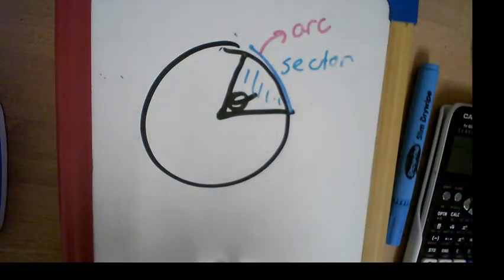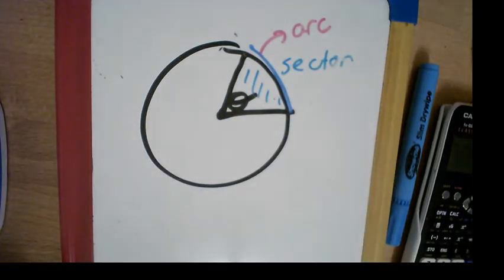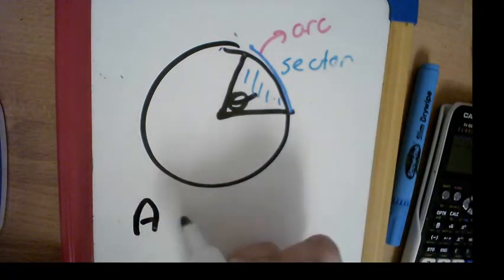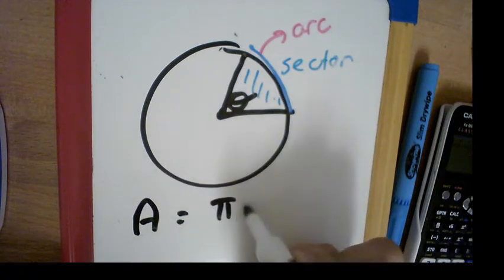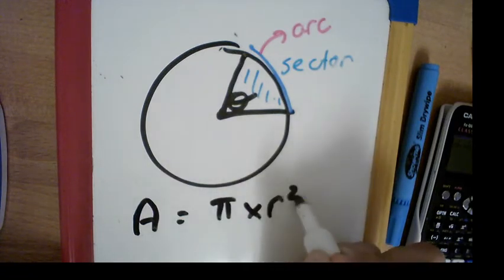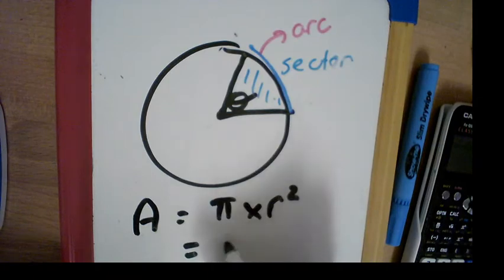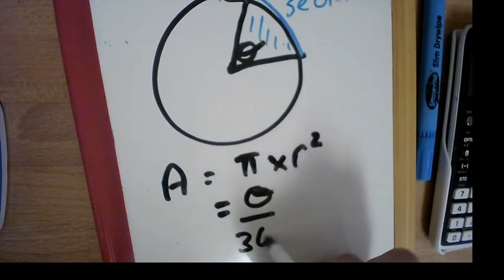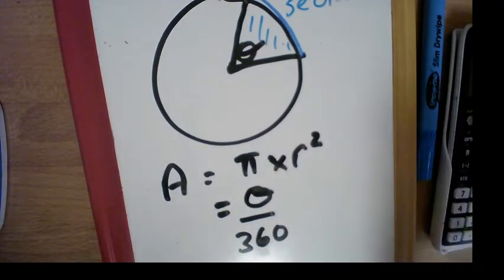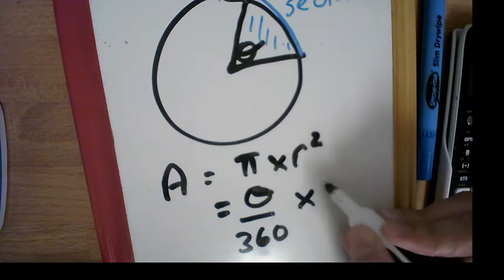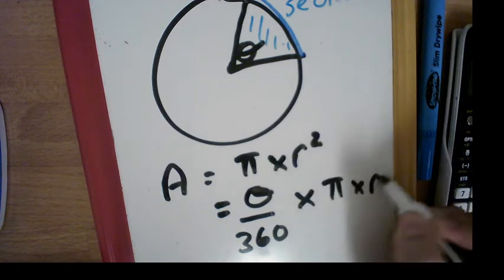So at GCSE, you learned how to do this. If you remember, to find the area, we know it's pi times radius squared. But because it's not a full circle, we do theta divided by 360, because that's how much the degrees are, times pi times r squared.